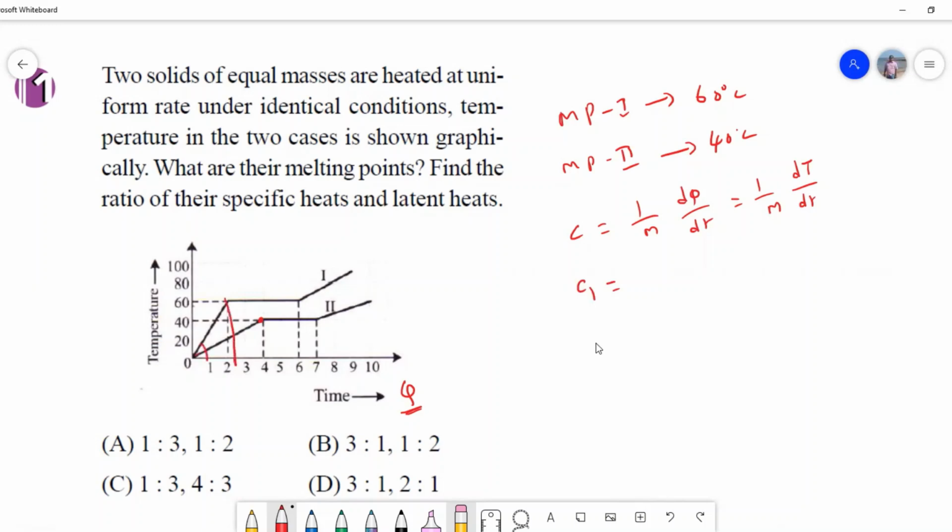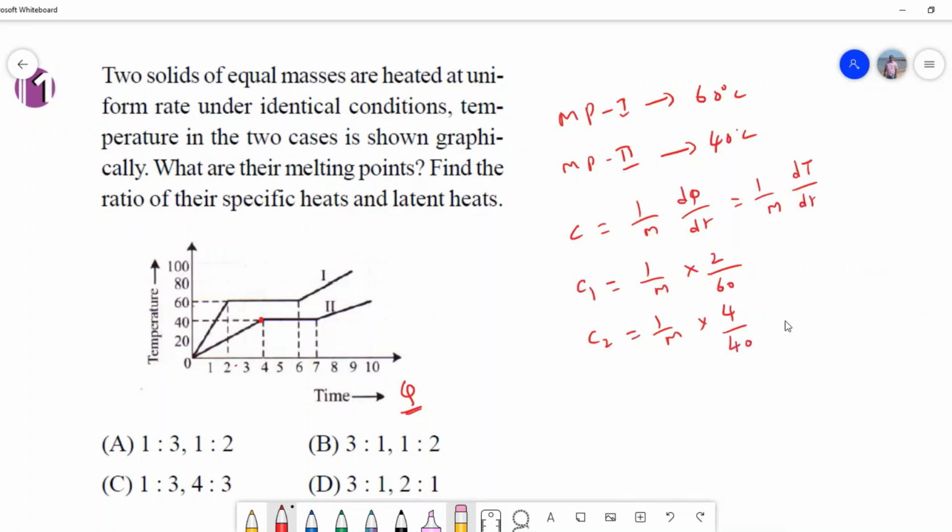How can I calculate the slope for the first liquid? 1 by m is anyway common. The time is 2 seconds by, and what is the temperature difference? 60. For the second one, 1 by m into time is 4 seconds by, and temperature is 40.